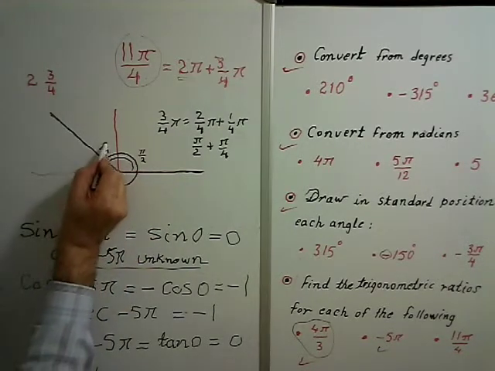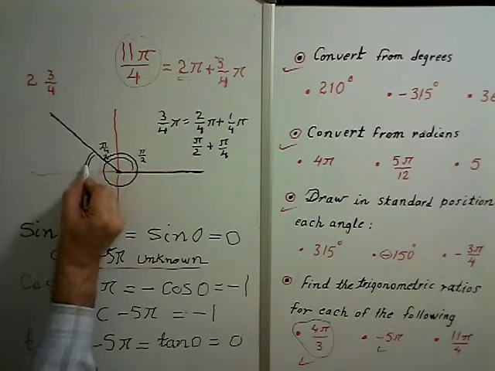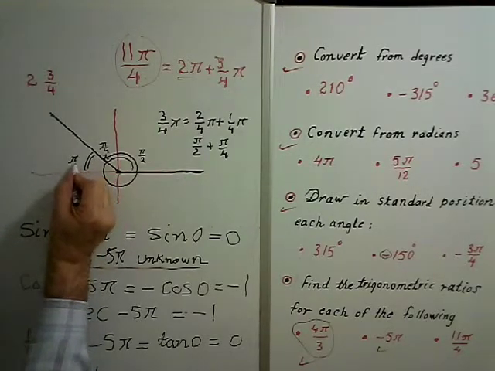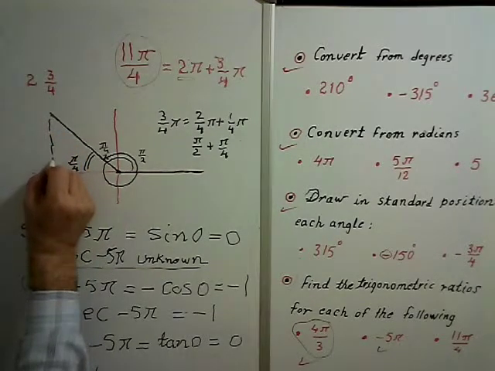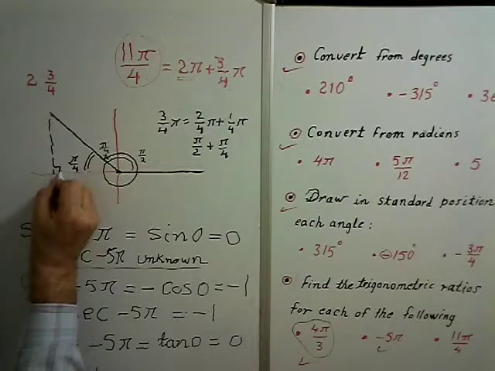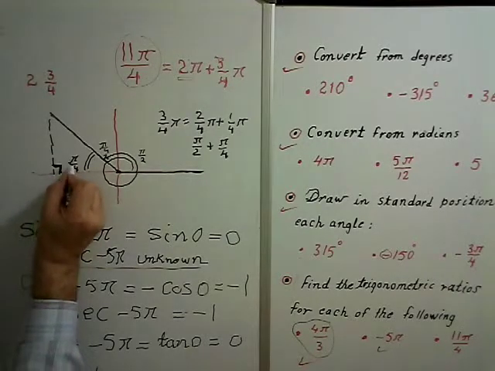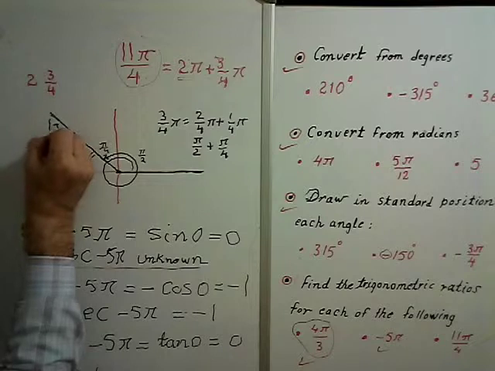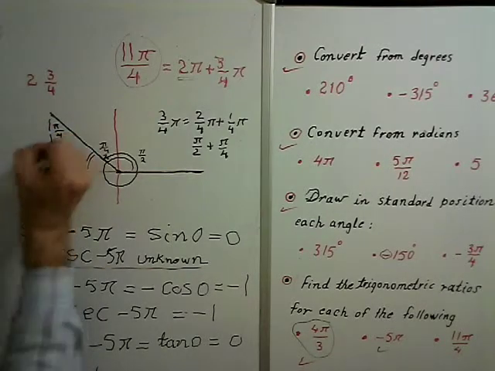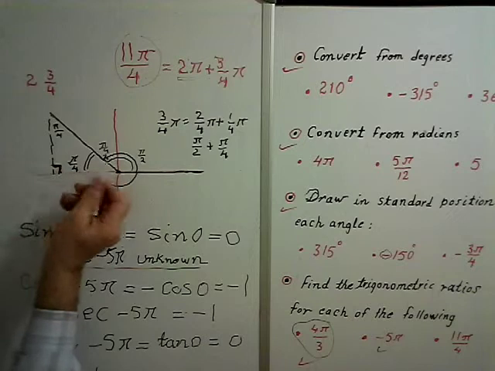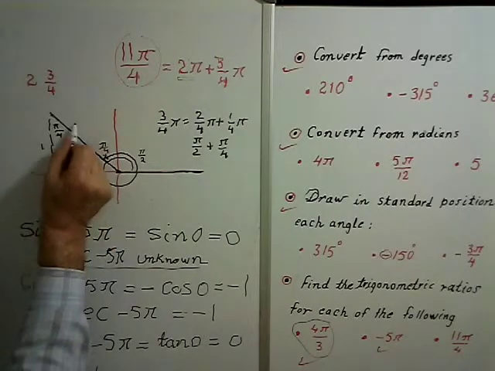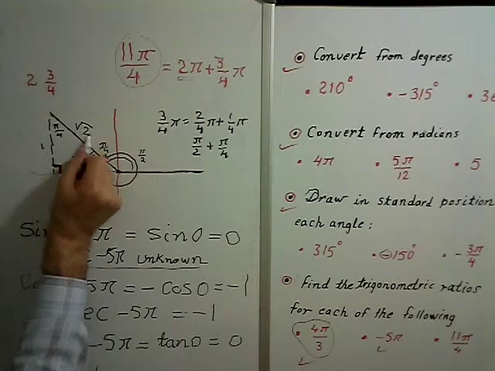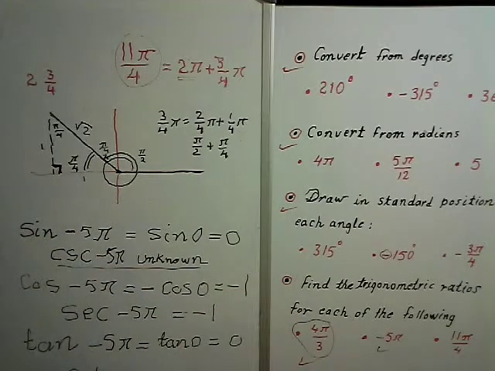As this is pi over 4, then this one is also pi over 4. So the triangle here, with a right angle here, this pi over 4, this pi over 4 also. Then if you consider this is 1, so this is 1, so this is square root of 2, according to the Pythagorean theorem.